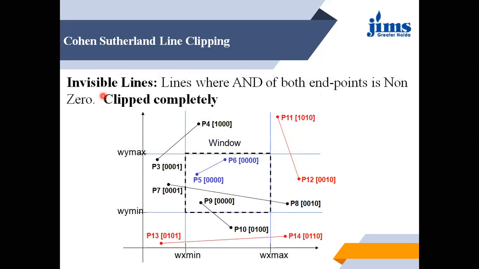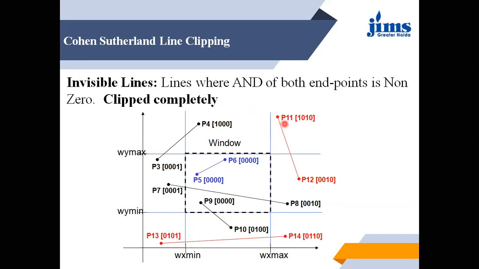The second case is the invisible line. In the case of an invisible line, there can be two types: first is partially and second is completely invisible line. When a line is completely invisible, in that case there is no need for clipping, and the process to find out whether it is invisible or not is this.